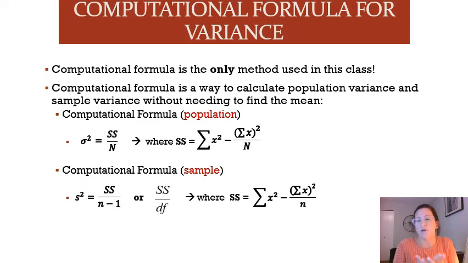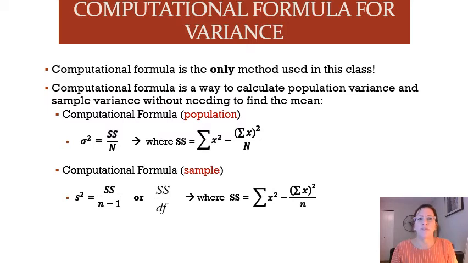Your textbook gives you a couple of different methods for calculating variance. I only want you to learn one way. It is the most common way, and the reason it's common is because it's accurate.